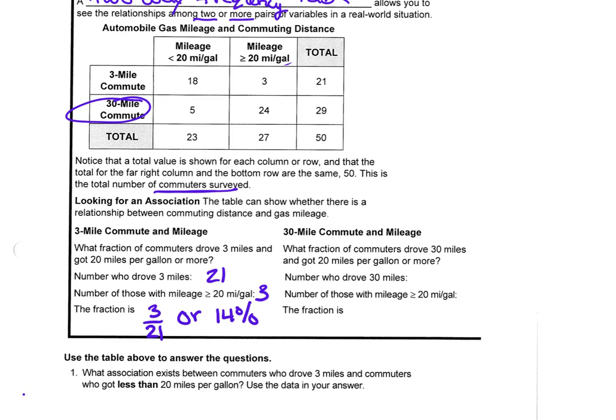The number who drove 30 miles is a total of 29. And those of the 30-mile commute who got greater than 20 miles per gallon is 24. So your fraction, again, is part out of whole, 24 out of 29, which is 24 divided by 29, 83%.